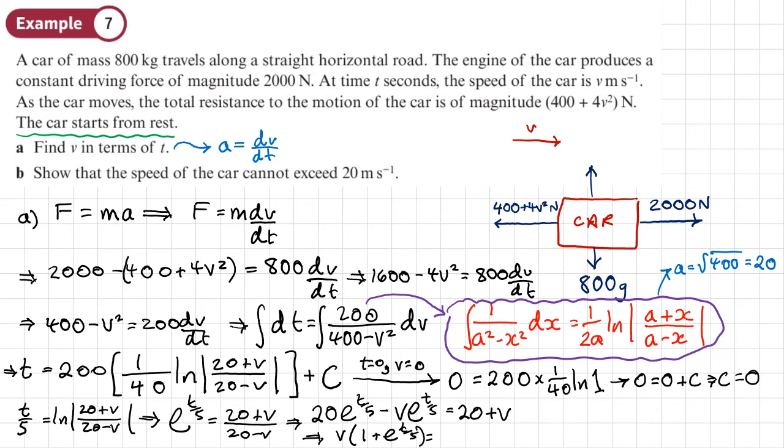and then I'm going to move the 20 over to this side and again factorise it because 20 is going to be a factor, and then it will be e to the t over 5 minus 1, and then from there I can write down an expression for v which is going to be 20 bracket e to the t over 5 minus 1 over 1 plus e to the t over 5.